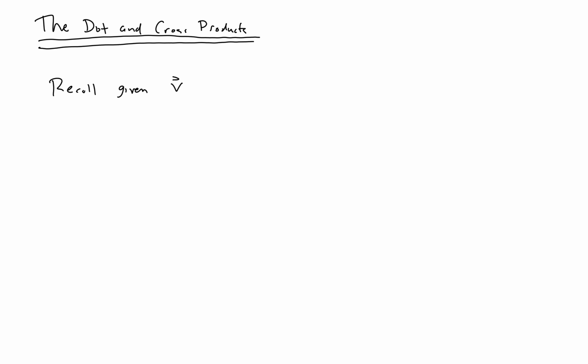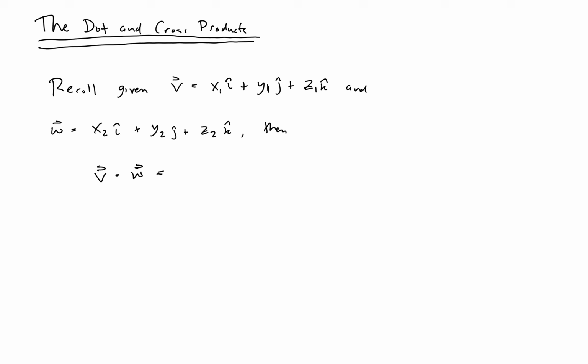If we're given v to be, say, x1i plus y1j plus z1k, and say w is x2i plus y2j plus z2k, then the dot product between these two vectors is we just multiply the coefficients. So it's x1 x2 plus y1 y2 plus z1 z2.